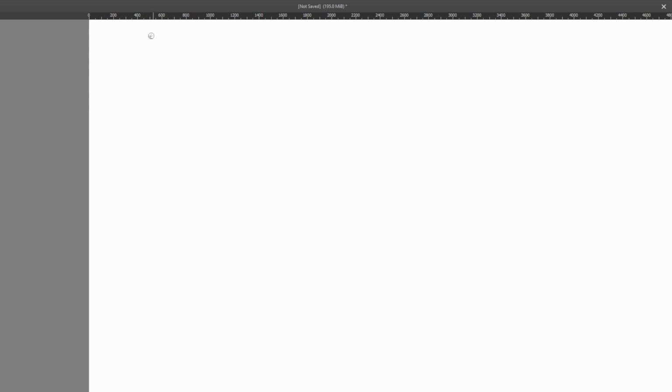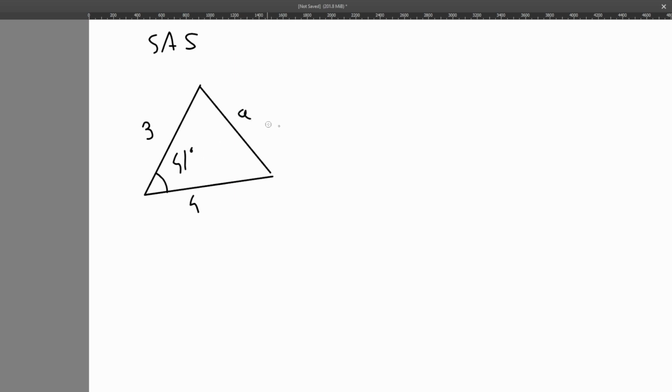Alright everybody, now let us tackle the case where the triangle is a side-angle-side triangle. In other words, we know two sides and the angle between those sides. For example, let's have a triangle where this side length is 3, this side length is 4, and this angle is 41 degrees. Let's say this length is A. To calculate A, we can use the law of cosines.